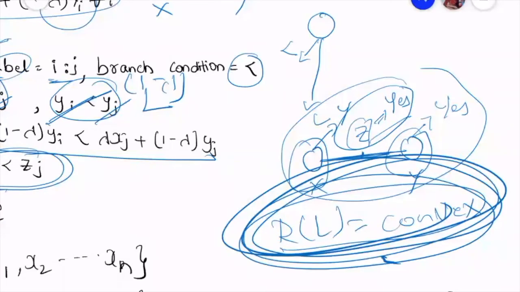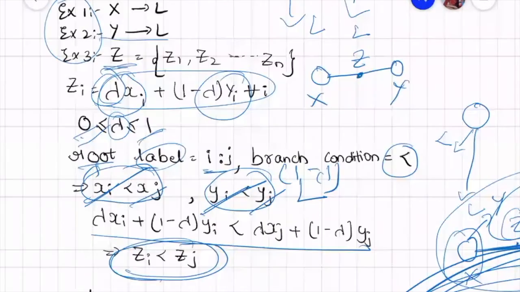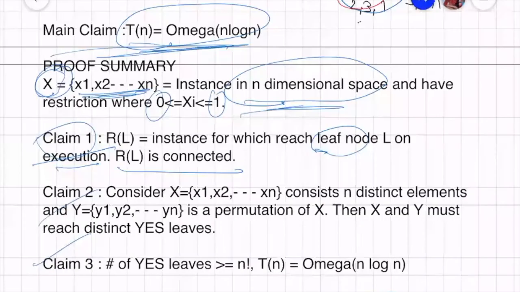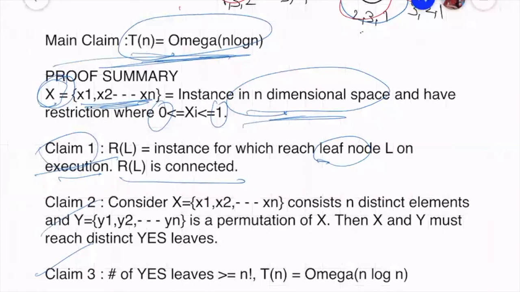Now our next job is to prove claim 2. So let's see what claim 2 is. Here we are taking two instances X and Y, which consist of n coordinates. But here the special condition is that Y is a permutation of X. Our main task is to prove that X and Y will reach different leaves by different paths.